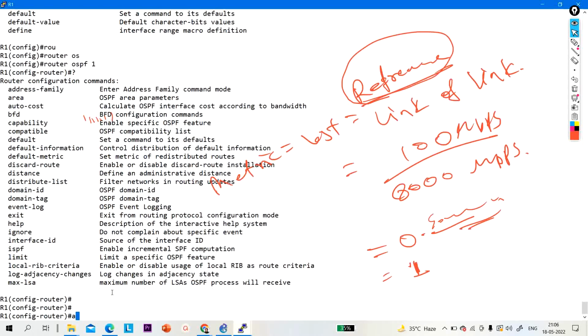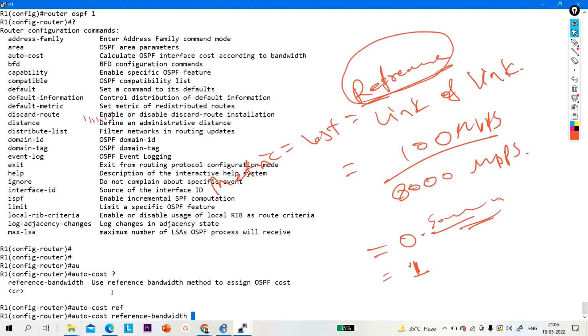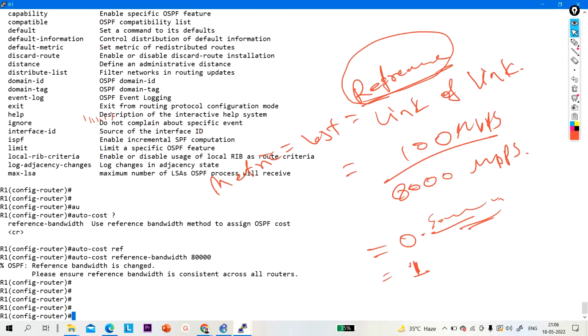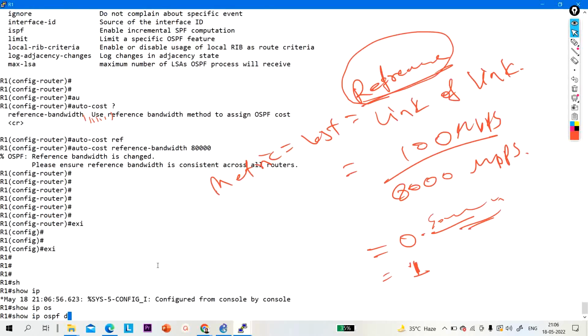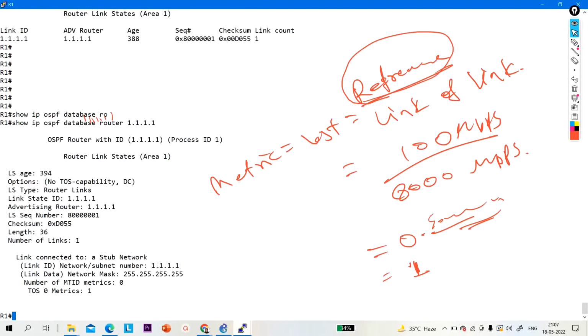Yes, here you can see auto-cost reference-bandwidth, and the reference bandwidth is, suppose, now 80,000. The reference bandwidth is changed, am I right? Now you can see the database of R1: show ip ospf database router 1.1.1.1.